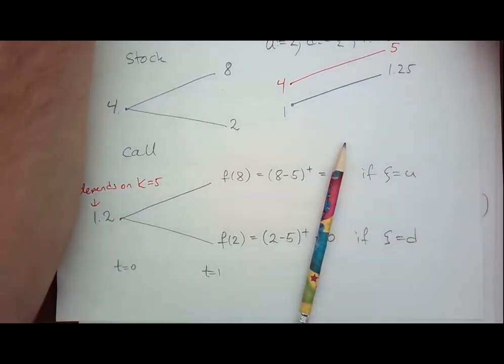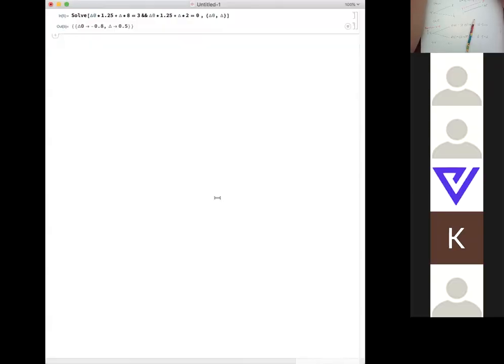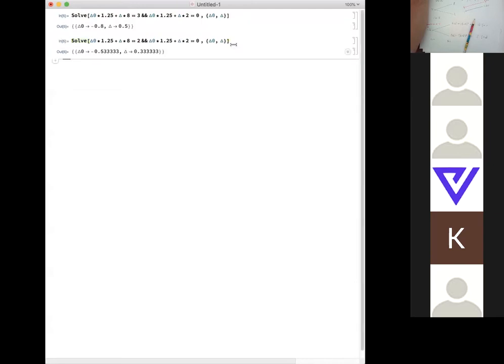Okay, so you go back to the Mathematica code. I'm not interested in solving this one anymore. I will solve the one where I have 2 here, and I'm still going to have a 0 here. I'm going to solve for my new ones, and then we just copy paste them again.